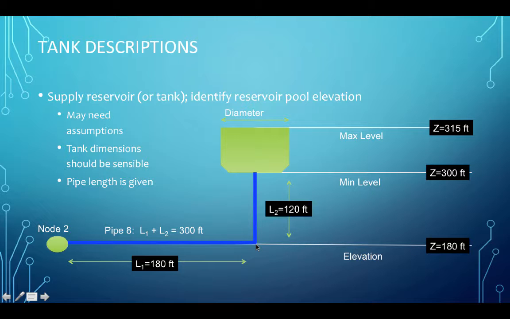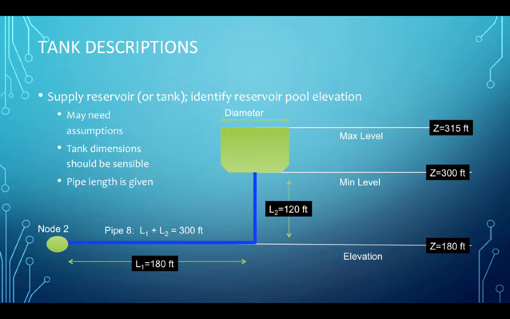We set the bottom elevation of the tank at 180 feet. The minimum level is equivalent to elevation 300 and the maximum level is equivalent to elevation 315, but we would actually probably supply the min level as 120 feet of depth and the max level as 135 feet of depth, and you add that to the 180 to get these required minimum and maximum levels, and then we'd have to supply a starting condition.